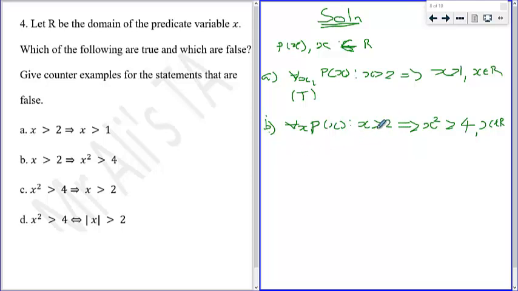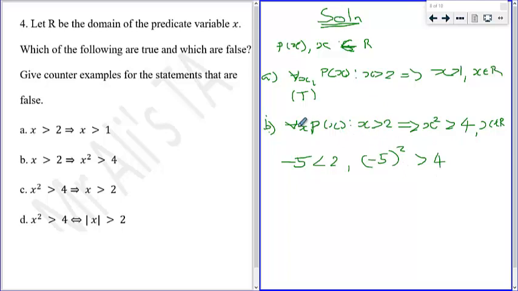we have some values that are less than 2, but if you square them, you get a number greater than 4. For instance, if you take -5, -5 is less than 2, but -5 squared is greater than 4 because 25 is greater than 4.